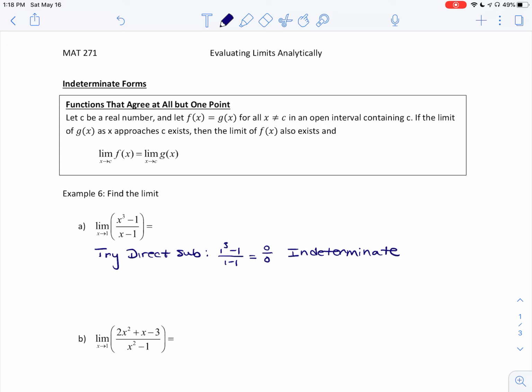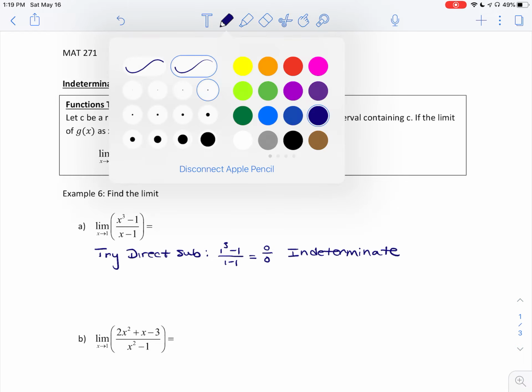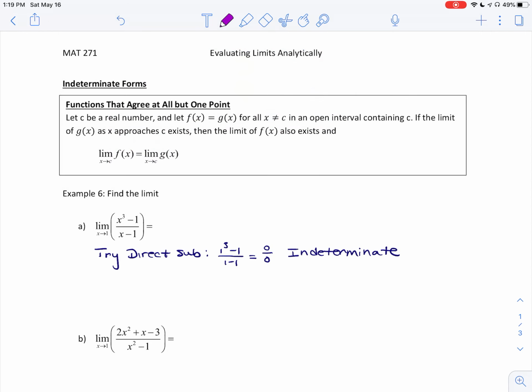Okay, all that basically means is there's more work that we have to do to figure out what our limit is. Okay, so now our next step is going to be take this function that we're given and see if we can try and simplify it somehow. I'm going to take my x cubed minus 1 all over x minus 1, and I'm going to try and factor out that numerator.